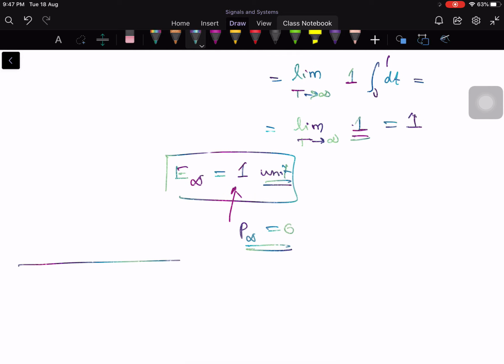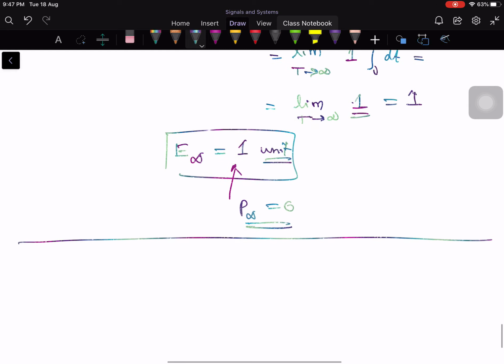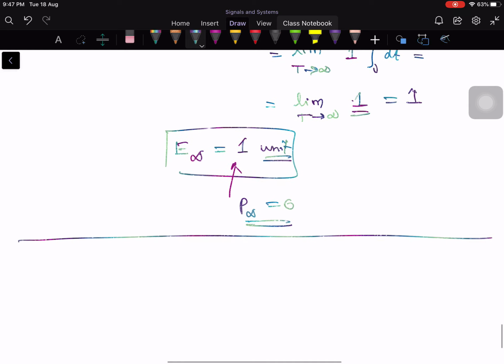Now this is the first class of signal. The second class of signals are those with finite average power. Whenever a signal has a finite average power, then you call that signal a power signal or finite power signal. Therefore, the power over an infinite duration must be finite.